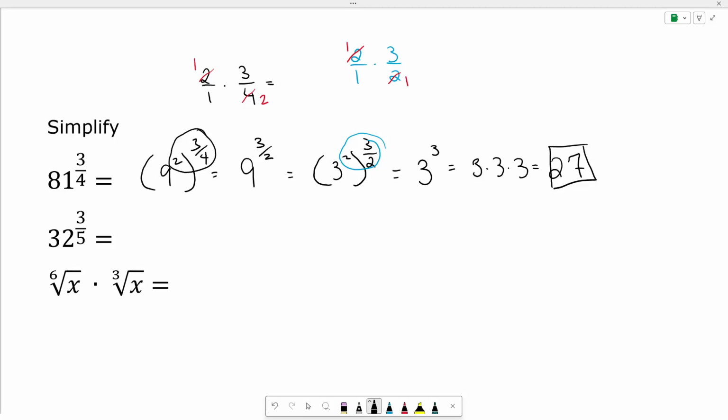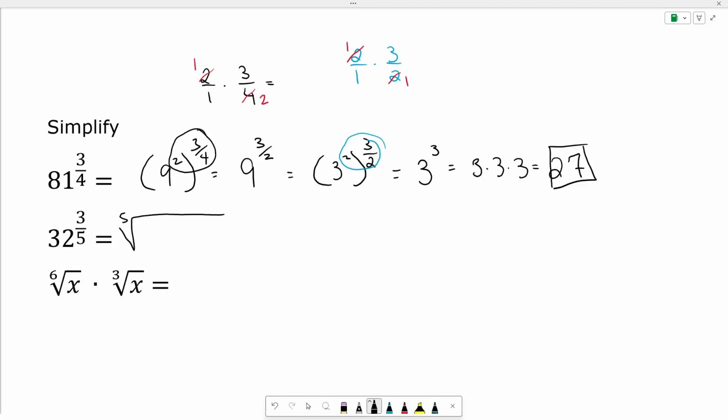Now, is that the only way to simplify these? No. We're going to look at another method to simplify when we look at our second one right here that says 32 to the 3/5 power. So thinking about this one right here, I could think of this in terms of a radical.